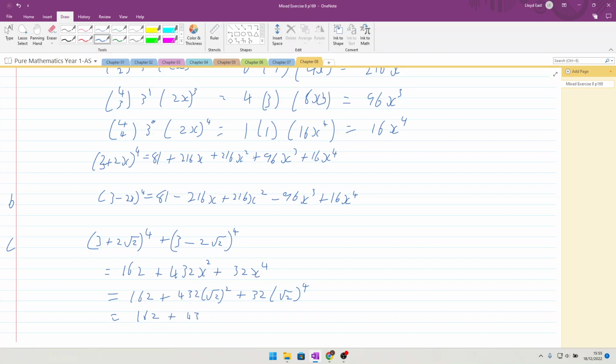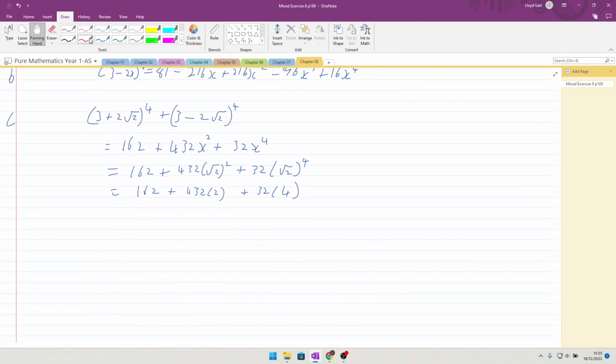162 plus 432 times 2 plus 32 times 4, since 2 2's are 4. And that gives us a final answer when we stick it all in the calculator: 1154.